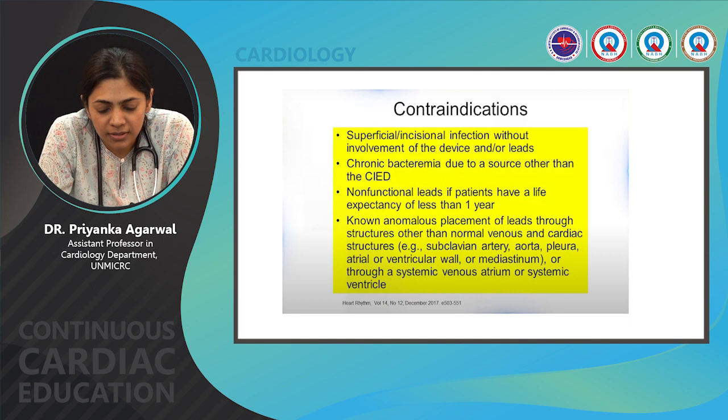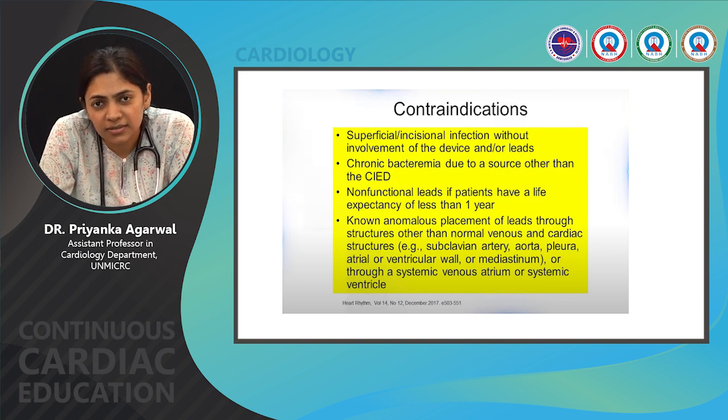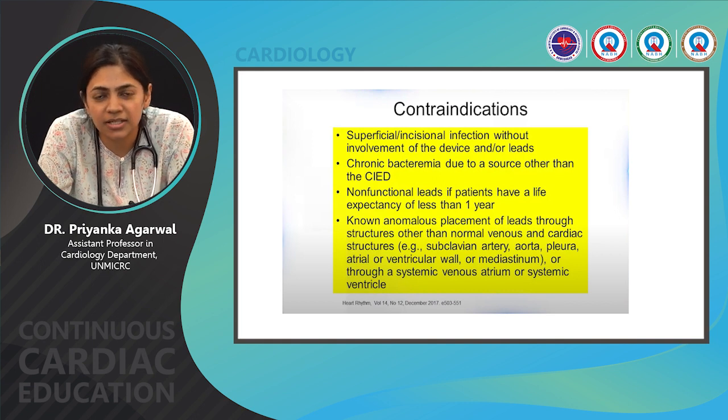So before we plan a transvenous lead extraction, we do a CT to look for the course of the leads, like whether it has taken any abnormal route through the mediastinum or anything. In that we get to know.